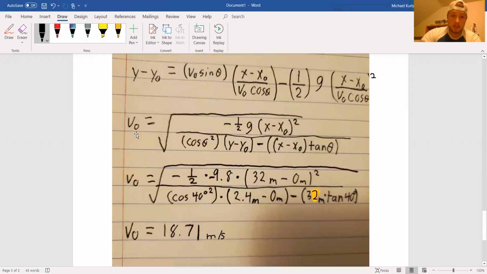And we get negative 1/2 times gravity times our final distance in the x direction minus our initial distance in the x direction squared, divided by the cosine of theta squared times the final distance in the y direction minus the initial distance in the y direction, subtracted by our final distance in the x direction minus our initial distance in the x direction times the tangent of our given angle.